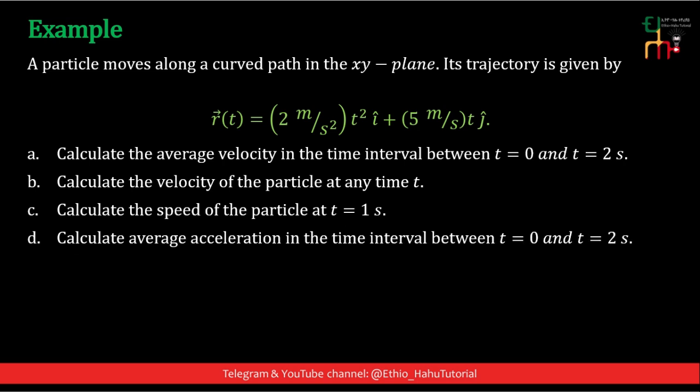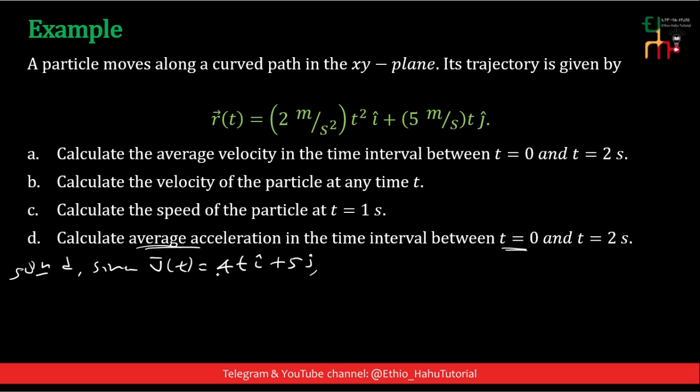D. Calculate average acceleration in the time interval between t is equal to 0 and t is equal to 2 seconds. Since v at any time t is 4t i plus 5 j, we want to find average acceleration between t is equal to 0 and t is equal to 2 seconds.